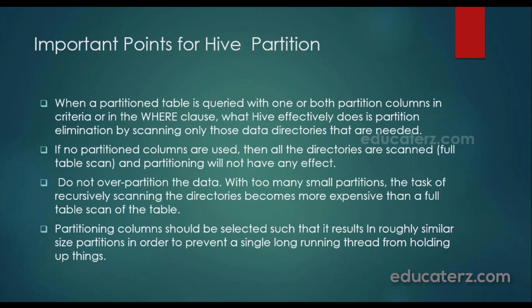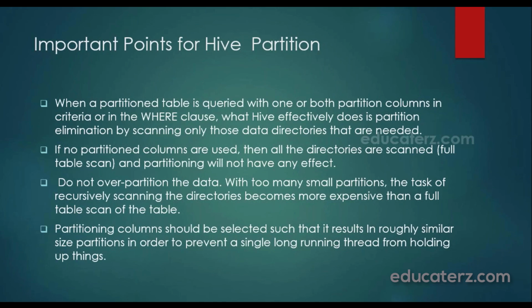As we mentioned, instead of doing a full table scan, it simply goes directly to that specific subfolder and fetches those values. Whenever we are working on dynamic partitions, we have to be very careful, because creating too many small partitions also leads to performance degradation. That is the reason why choosing a specific column is very important.